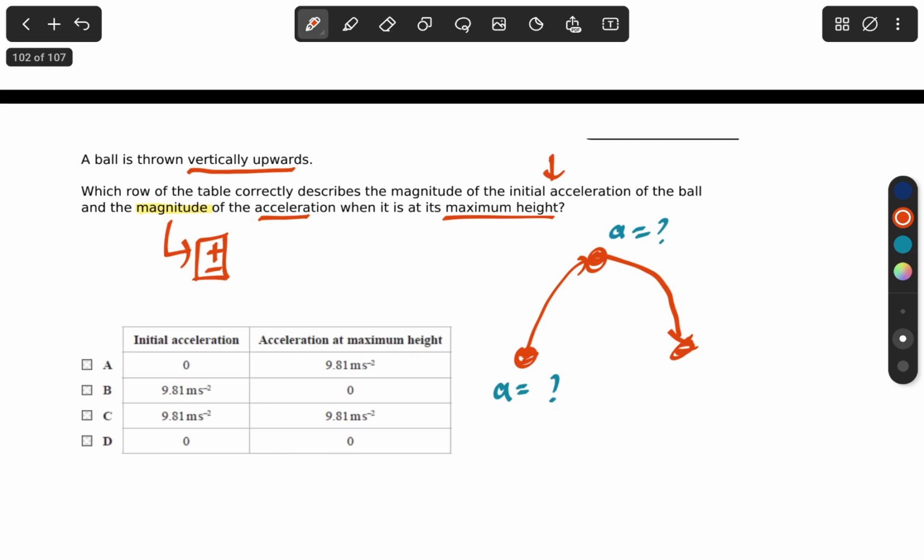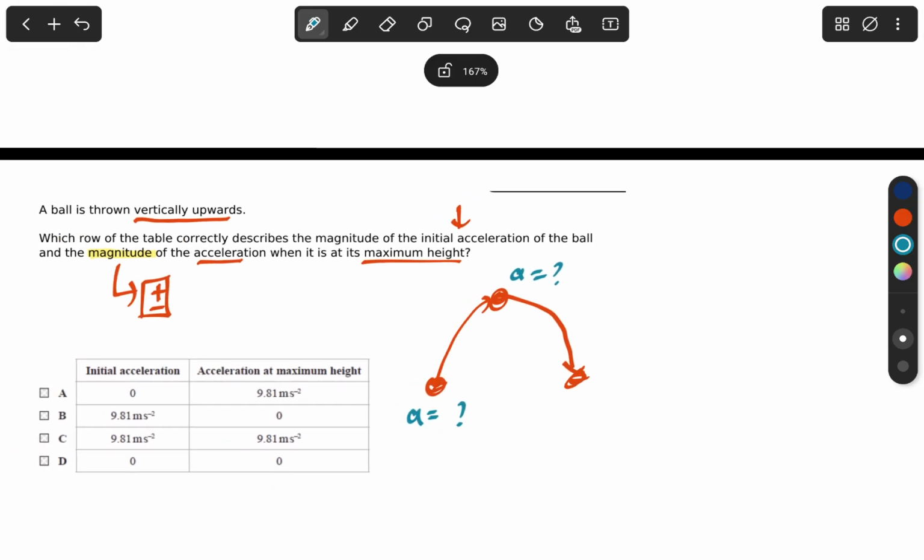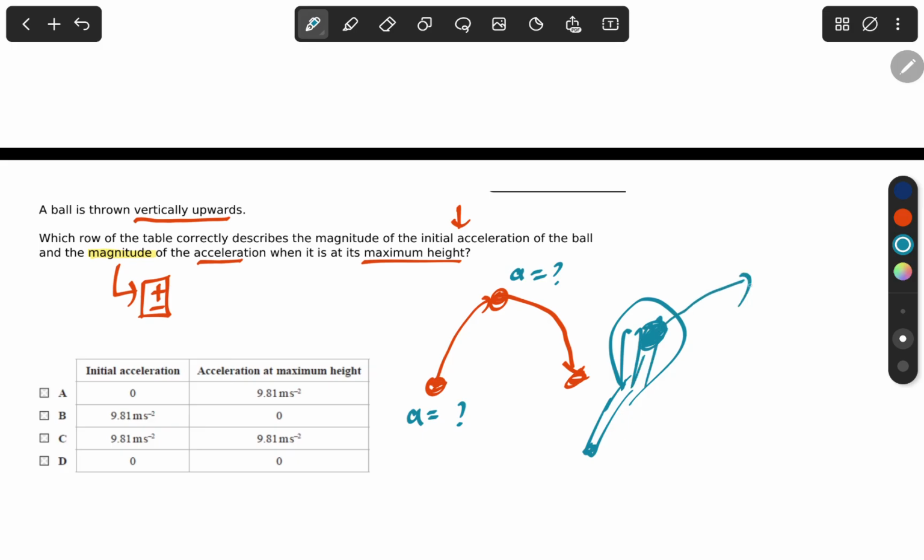Okay, now I'll give you an example. Say you are playing a game, right? Let's say we have a ball. Badminton, for example. I have a friend who loves badminton. When you throw the ball at this point, and at this point, at every single point, it will be experiencing weight, right? mg.